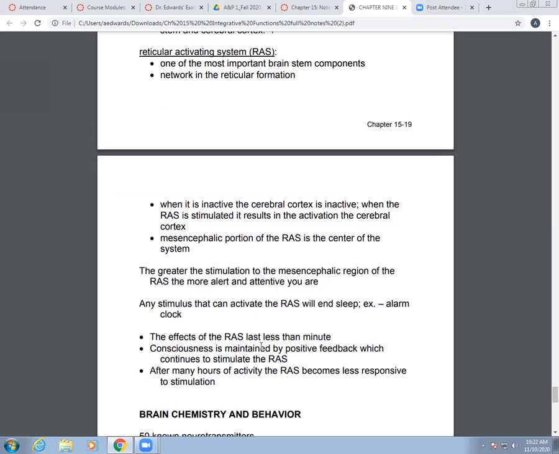Your consciousness is maintained through positive feedback, and that continues to keep your reticular activating system stimulated. After several hours of activity, your reticular activating system actually becomes less responsive to that stimulation. So it's positive feedback, but eventually it's going to desensitize.